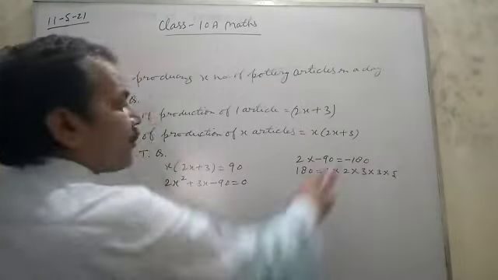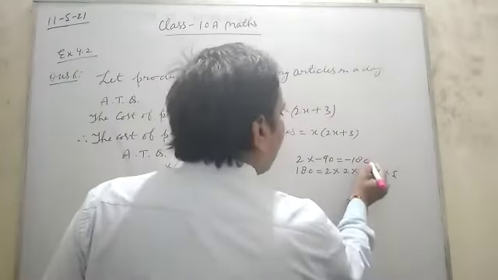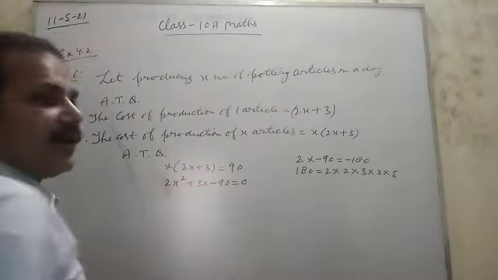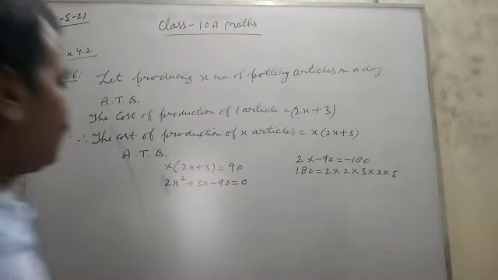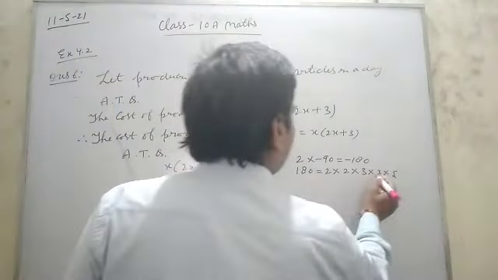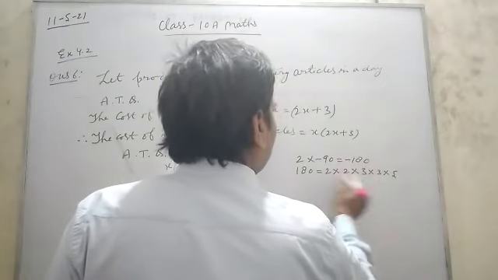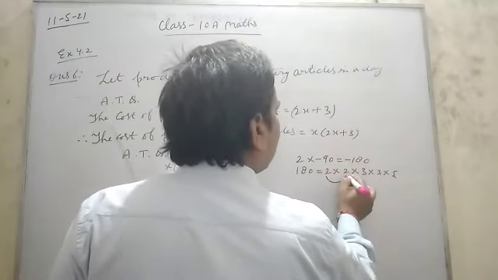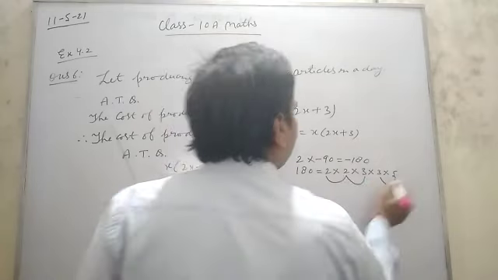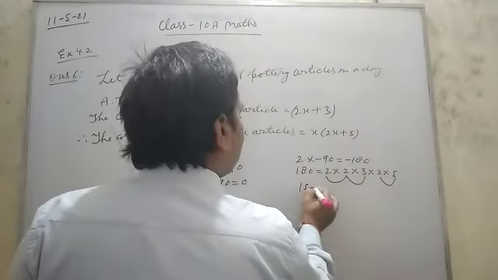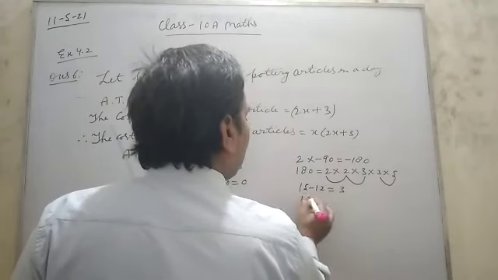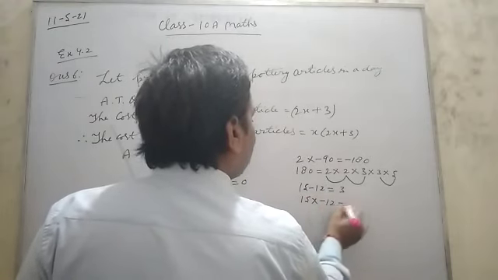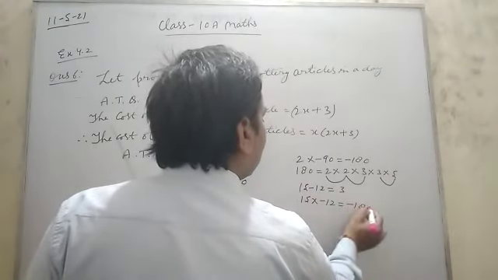Okay, and product is coming negative. So by subtracting, the middle term will come. So 2 twos are 4, 3 fours are 12, 5 threes are 15. So 15 minus 12 is 3 and 15 into minus 12 is minus 180.